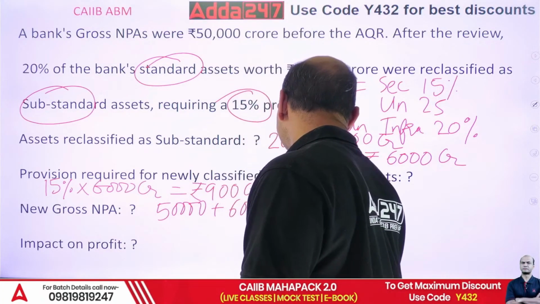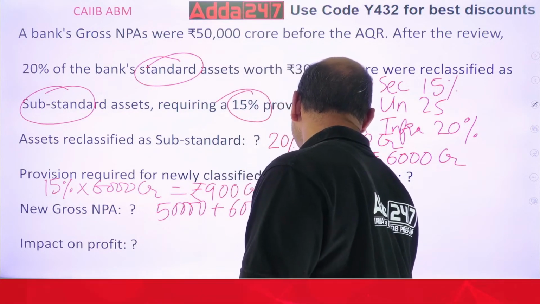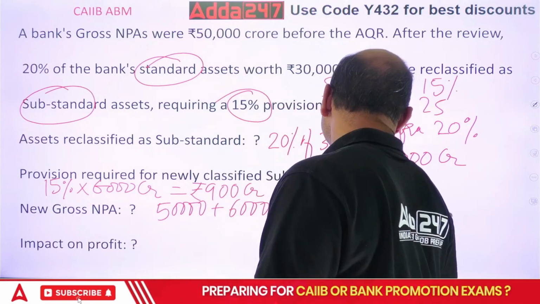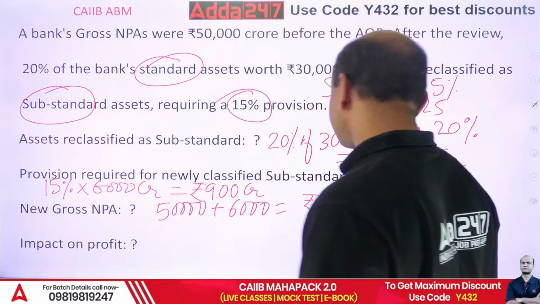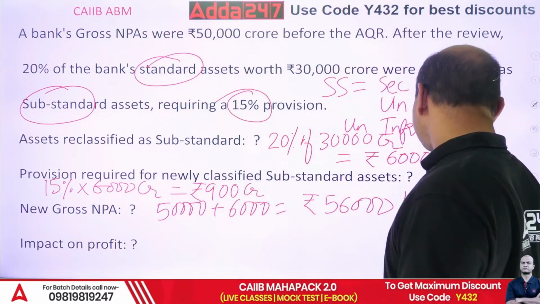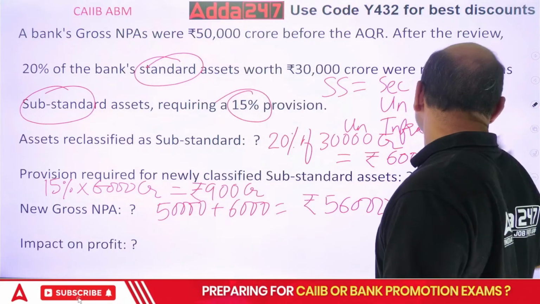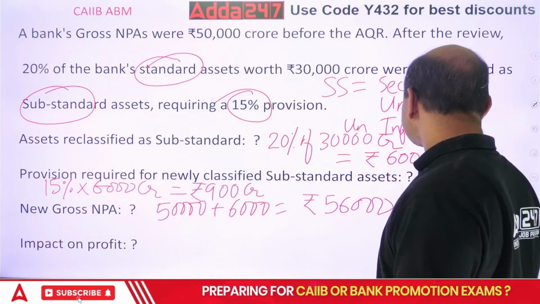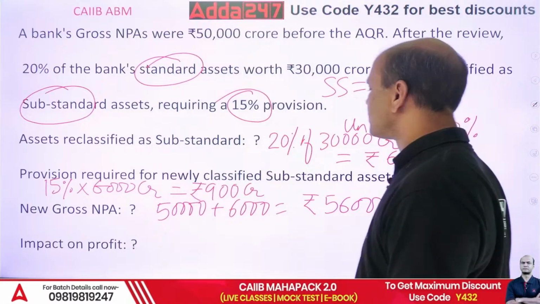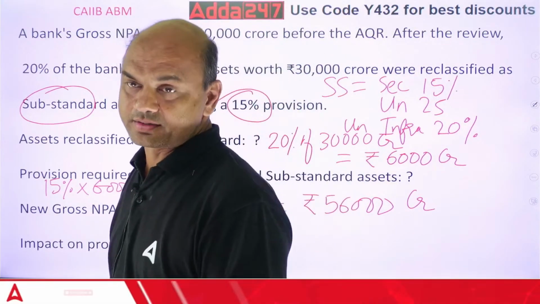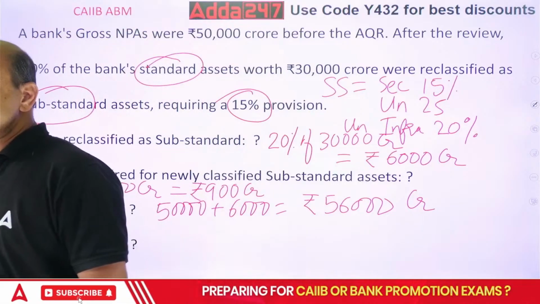So that is equal to rupees 56,000 crores. You should never forget this crores. So your new gross NPA is 56,000 CR. Big bang it is.